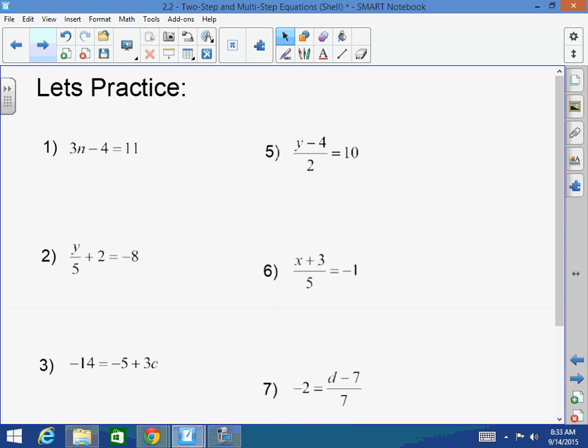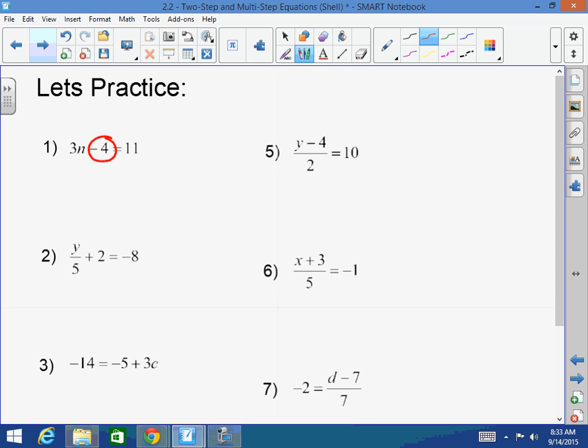For example, I have 3n minus 4 equals 11. What I like to train you guys to do is to analyze each equation and ask the following questions. Is there anything being added to this n? Yes, there is. There's a negative 4 being added to the n.